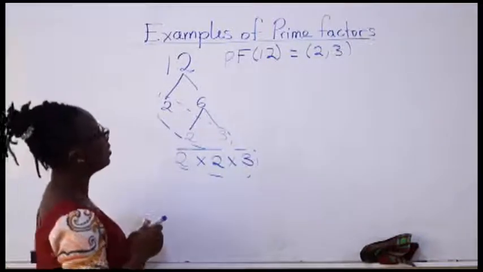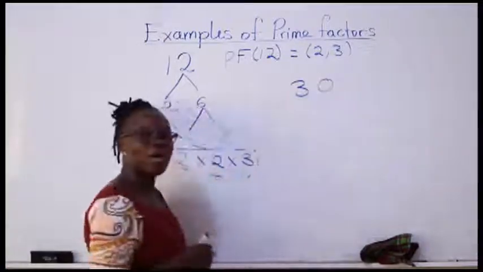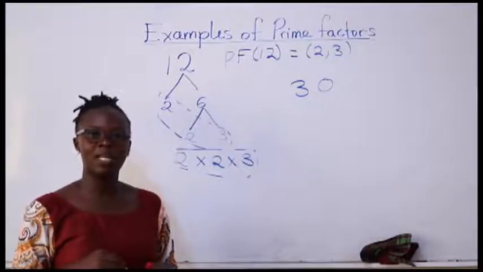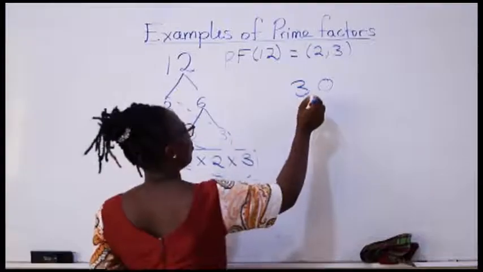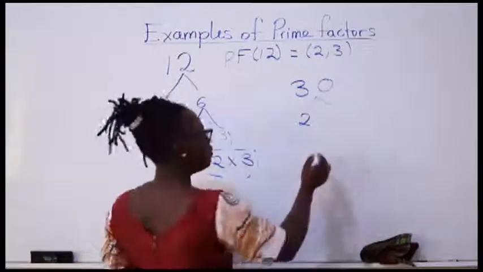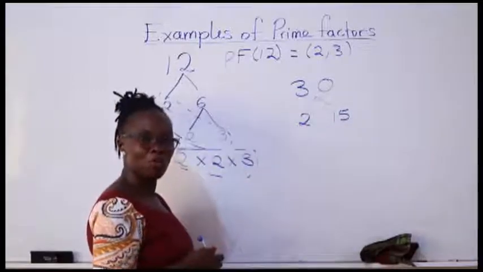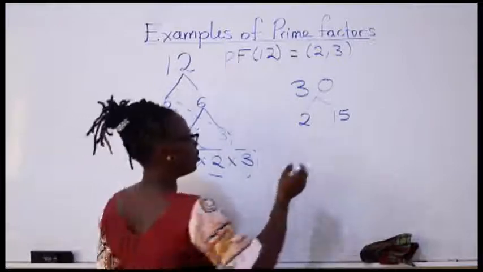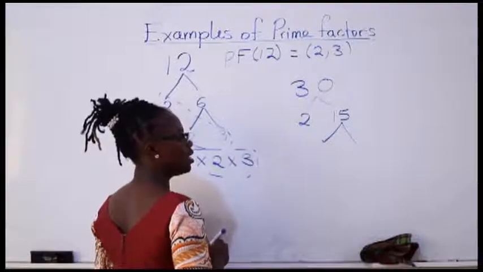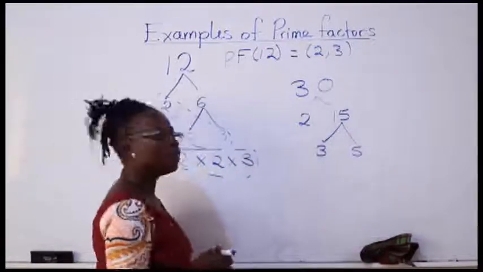Let's look at 30. If I have 30, you are asked to find the prime factors of 30. 2 can go into 30 how many times? 15. Is 15 a prime? No, so you can simplify. What prime number can divide 15? 3 and 5.